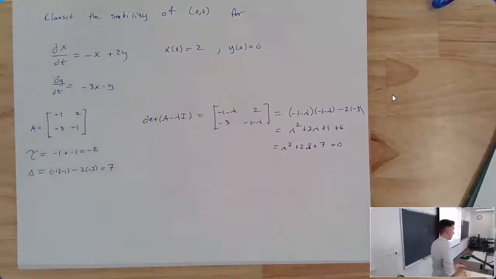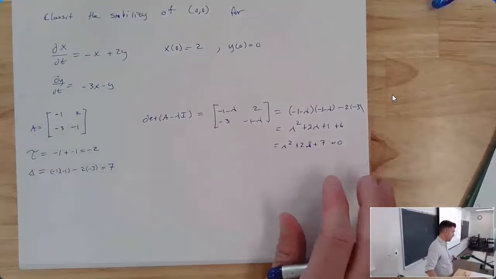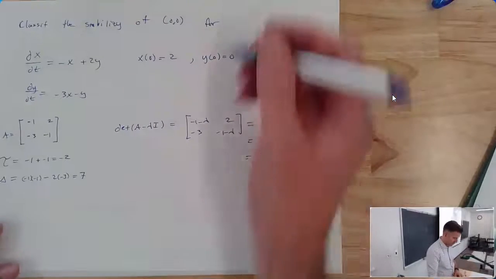We're going to be using a lot of quadratic formula. And actually, this is where the trace-determinant method really comes into play. You can find this equation and then use the quadratic formula, but I want to point out something important.